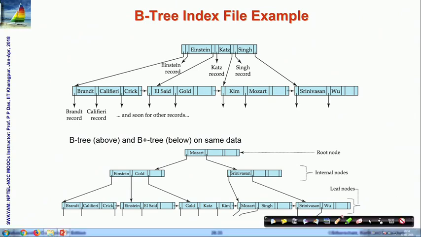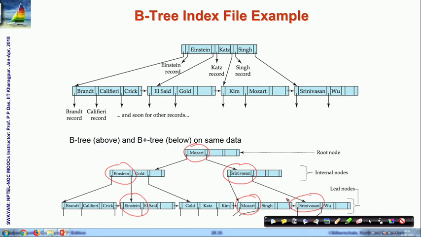This is what you have seen as a B plus tree. You can see that Mozart happens here, it also happens here, and this is the leaf level. So, from here you actually get pointers to the record for Mozart. Similarly, Einstein happens here and it happens here. Srinivasan happens here, so there are multiple times they are happening.